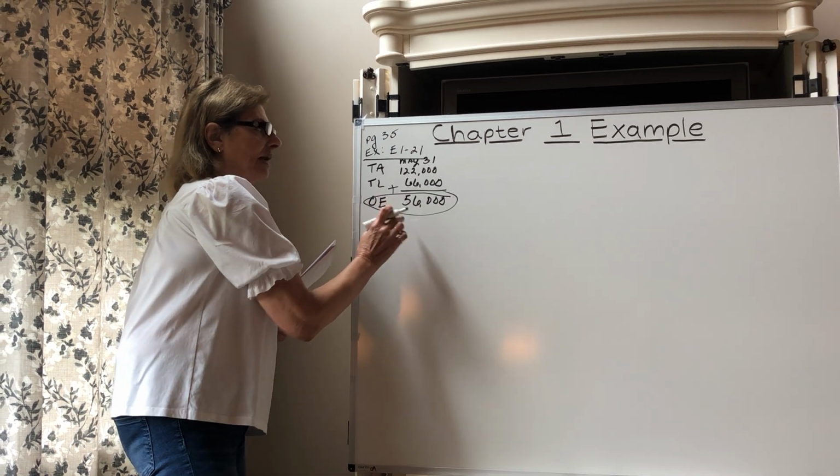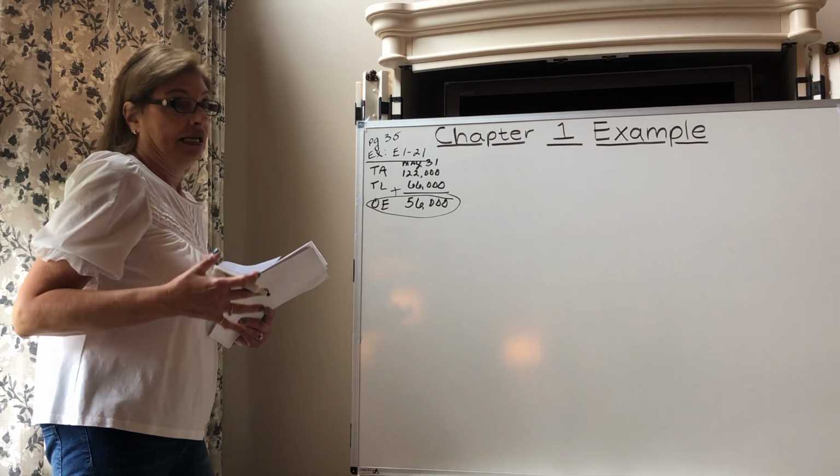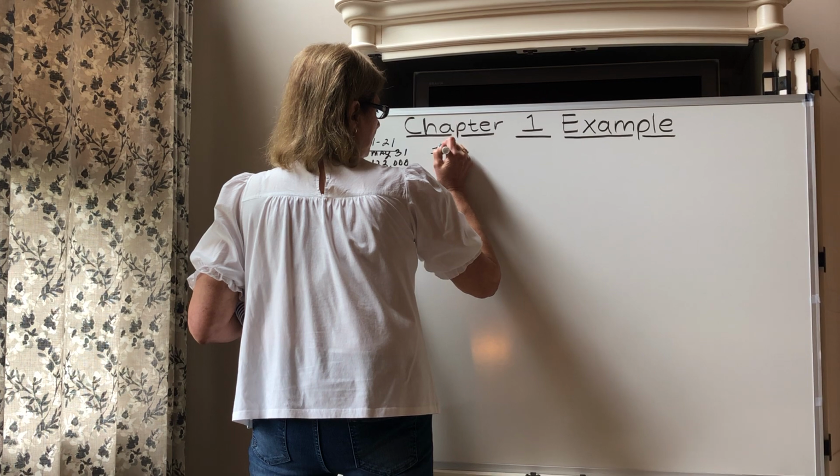So here's our owner's equity, May 31st. That's actually our beginning. So for our ending, we have June 30th. Again, it's only for 1 month.